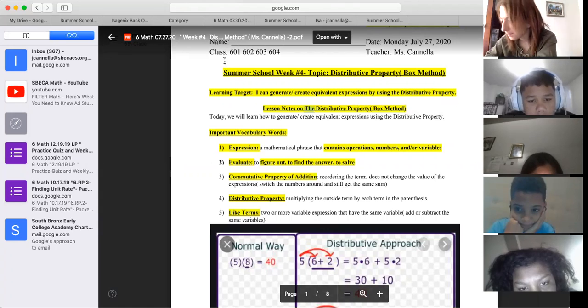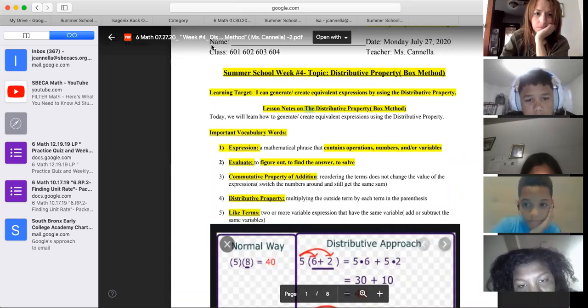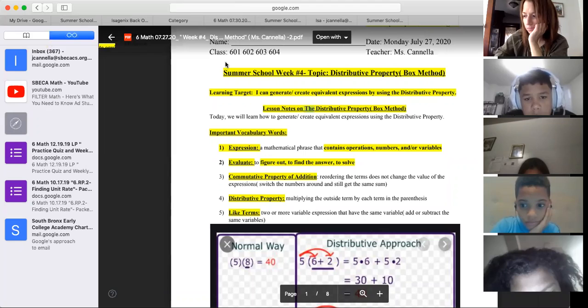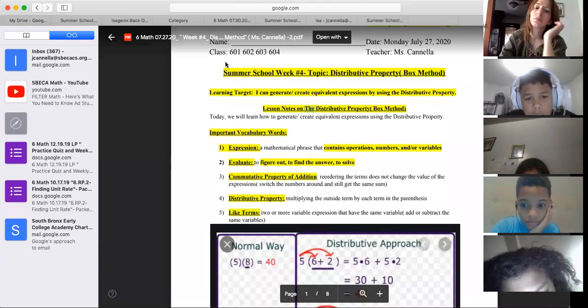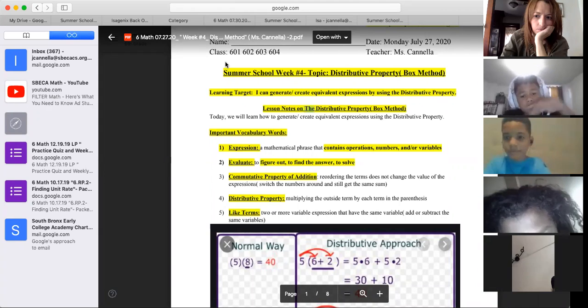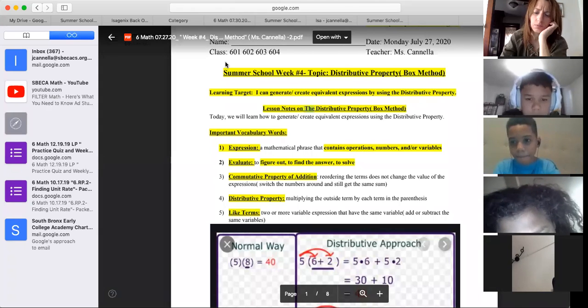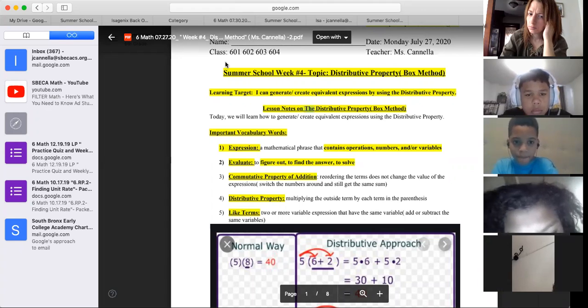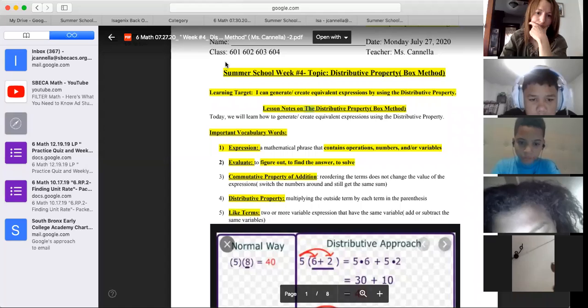To figure out, to find the answer, to solve. 3. Commutative property of addition. Reordering the terms does not change the value of the expression. Switch the numbers around and still get the same sum.